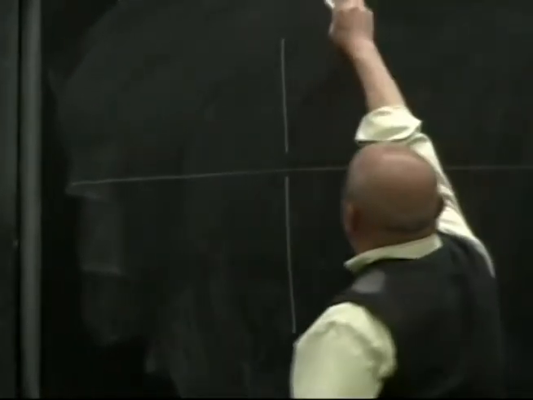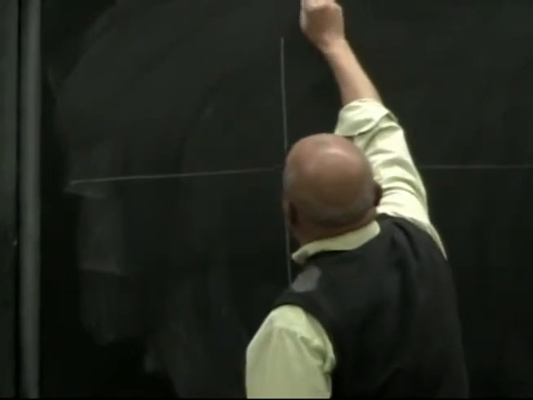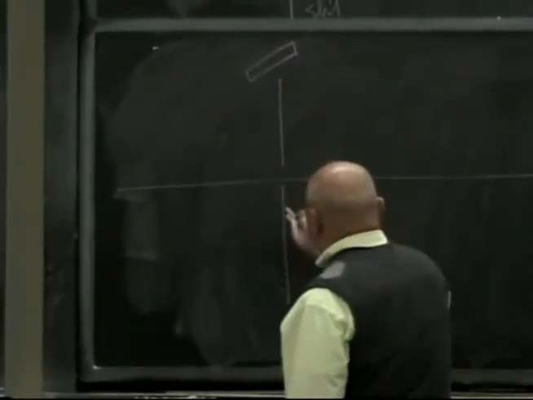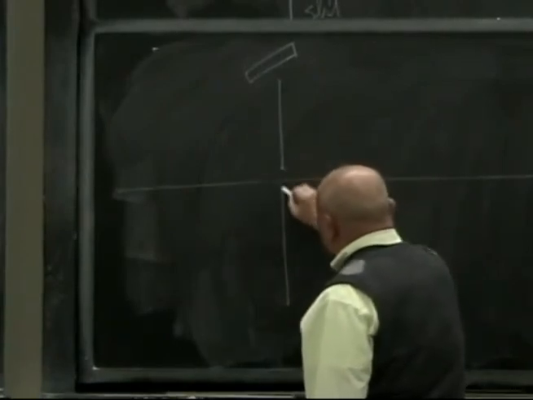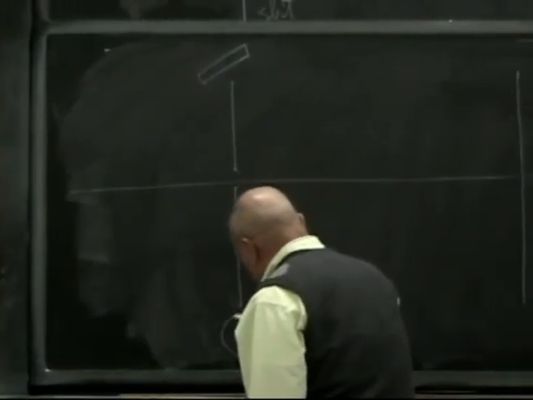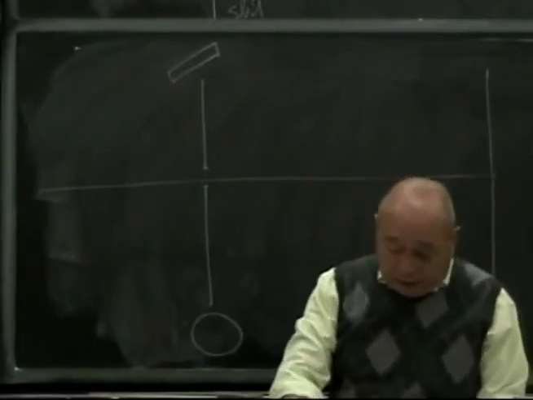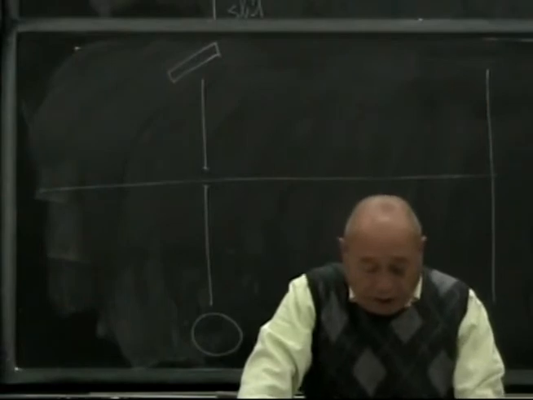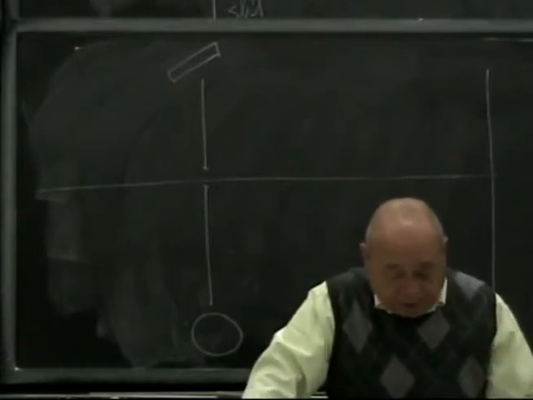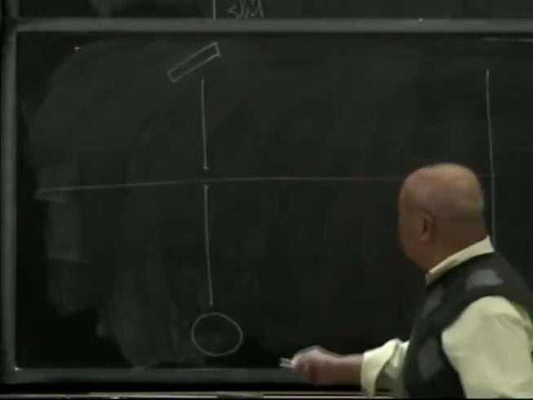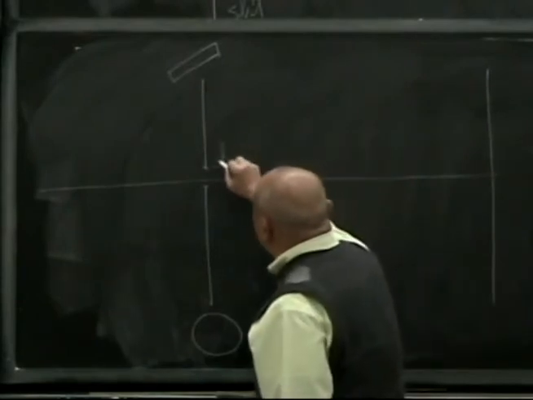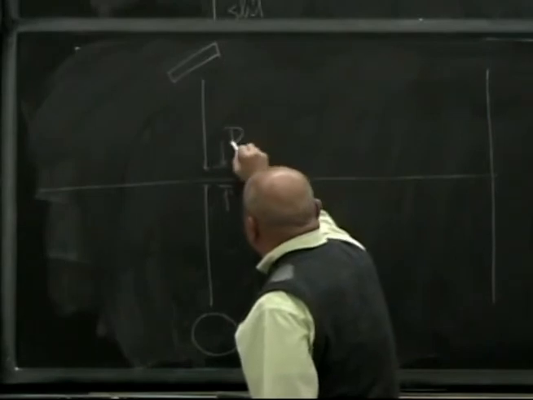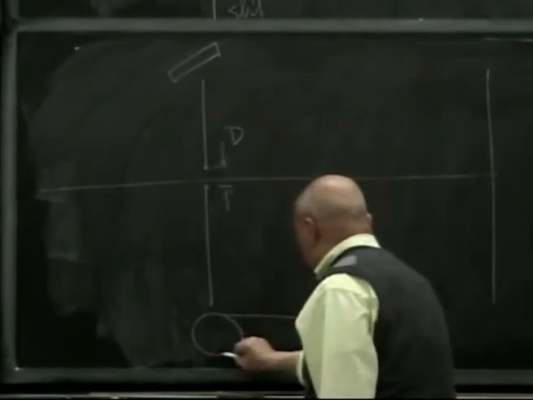Suppose the above is a rectangular pattern. This opening is a circular opening with diameter D.